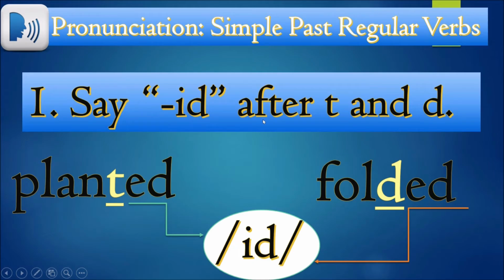Say it after the T and D. If the verb ends with T or D, the sound of ed there is id. So, we have planted, folded. Okay?